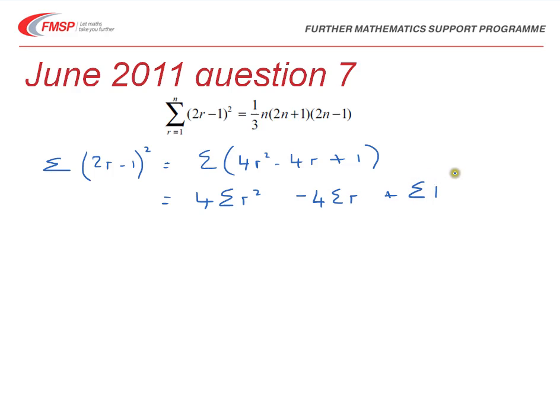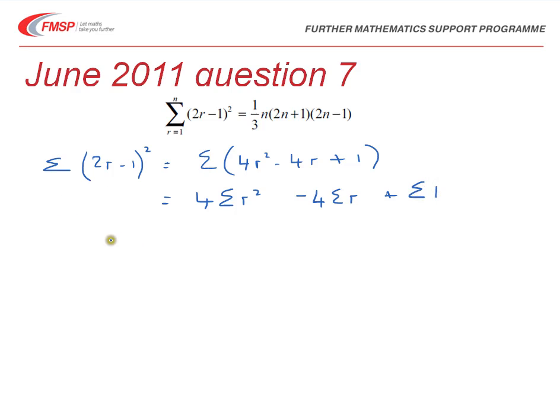Now the reason I do that is because this is a common area of errors in exams. This gets left as 1, and of course you'll appreciate that it's not 1, it's 1 plus 1 plus 1 n times, so this becomes n on the next line.